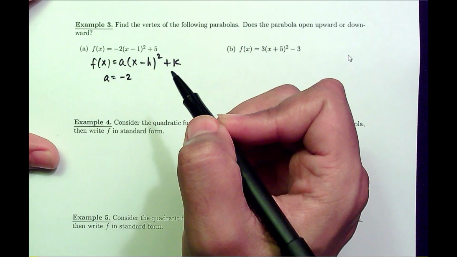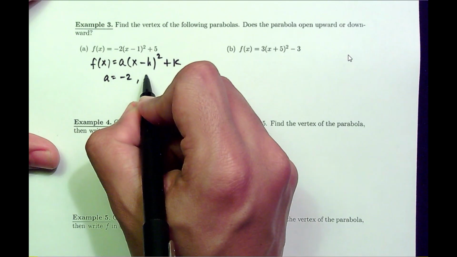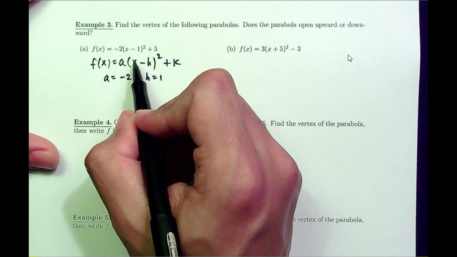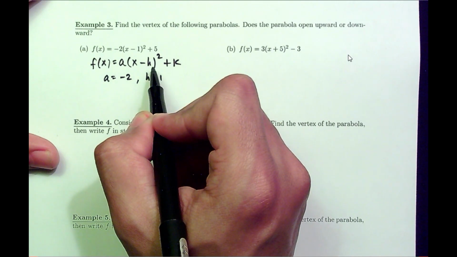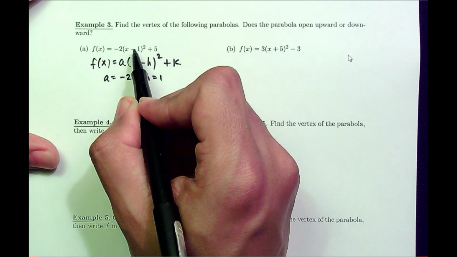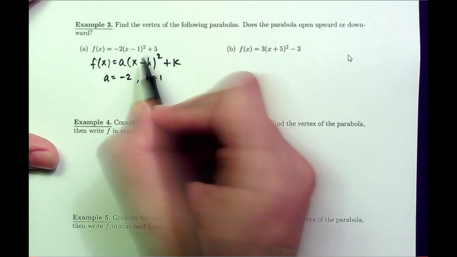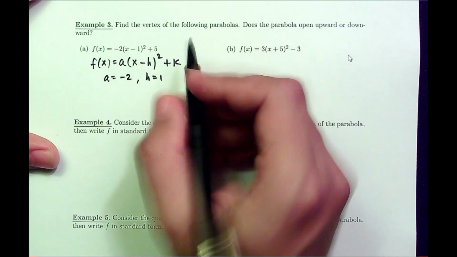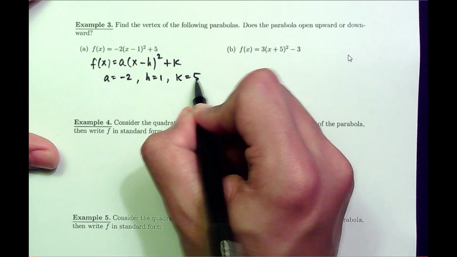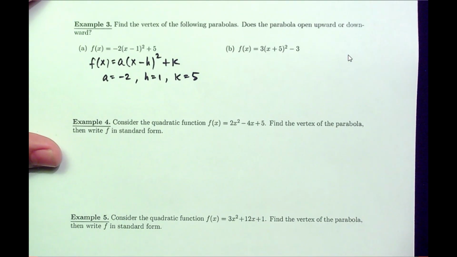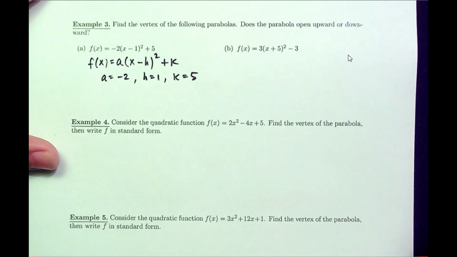You can tell that h equals 1, because you already have the minus, and what is after the minus is an h, and in here, what is after the minus is a 1. So that means the h and the 1 have to be the same. And lastly, the k equals 5. So just by direct comparison, you can get the a, the h, and the k.